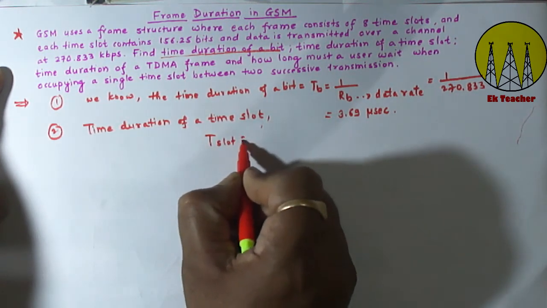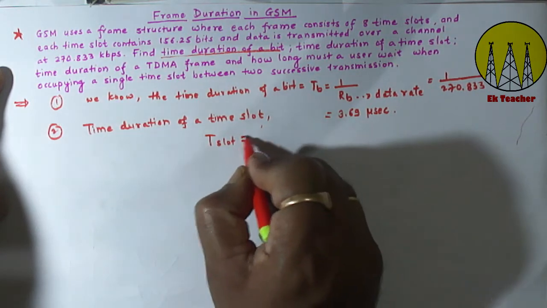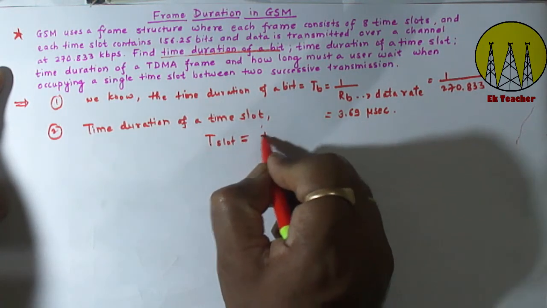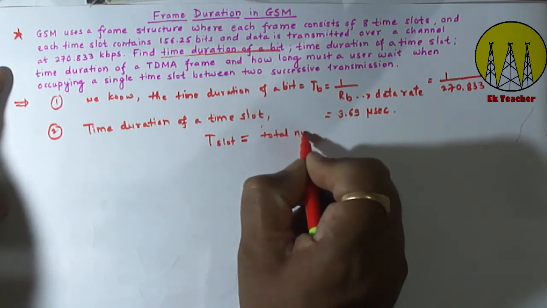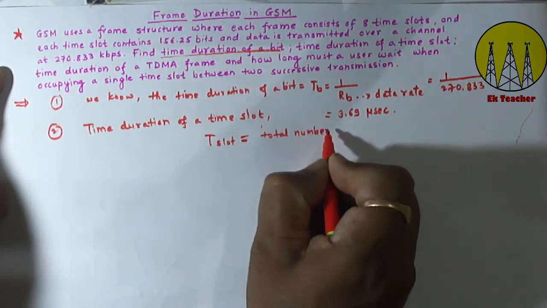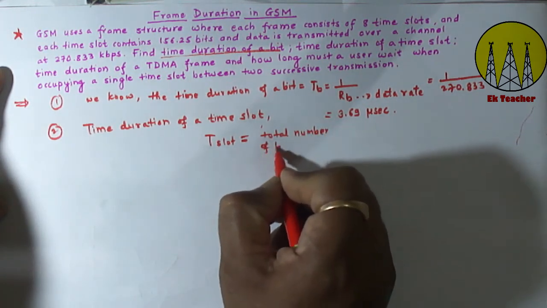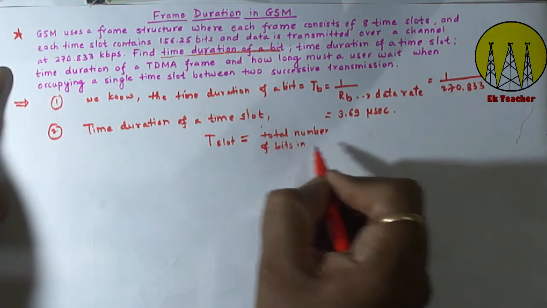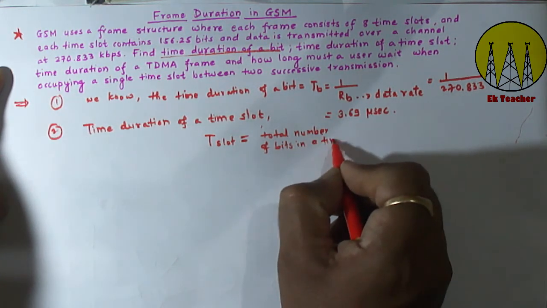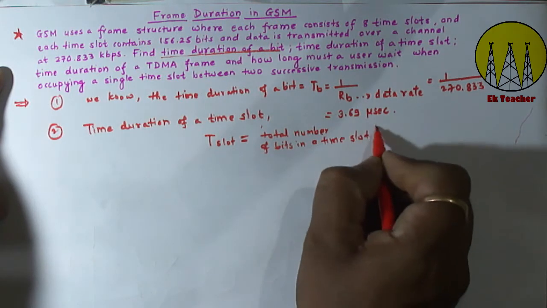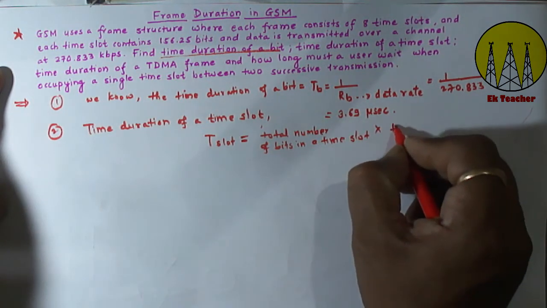T slot is equal to the total number of bits in a time slot multiplied by the time duration of a bit.